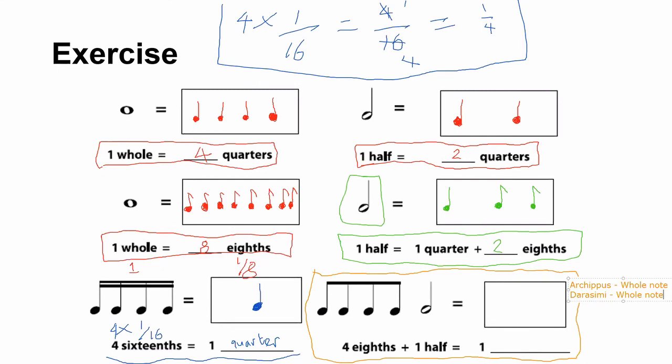Newton, are you done? Yes, sir. Okay, so what's your answer? One over 32. Okay, so Newton says that the answer is 1 over 32.